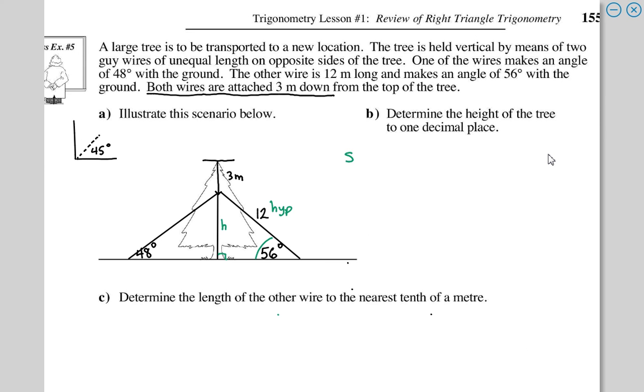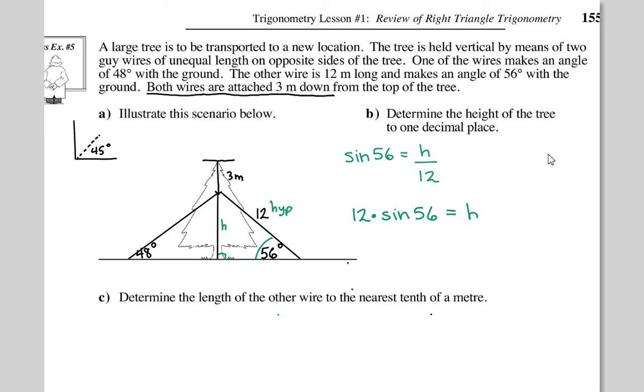So then we're like, okay, sine of 56 is equal to op over hype, H over 12. And then that 12 can slide up to the top on the left. And you solve for H. 12 times sine 56.